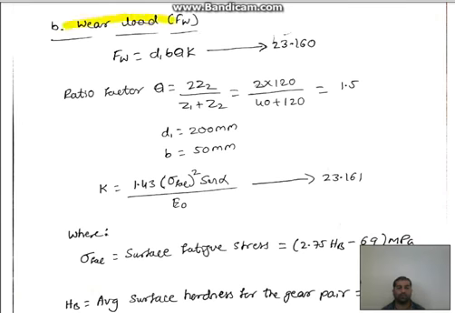B bit, wear load. The wear load equation is given here. Calculate ratio factor. D1 value is already calculated. Face width value is already calculated. The K equation is given here.